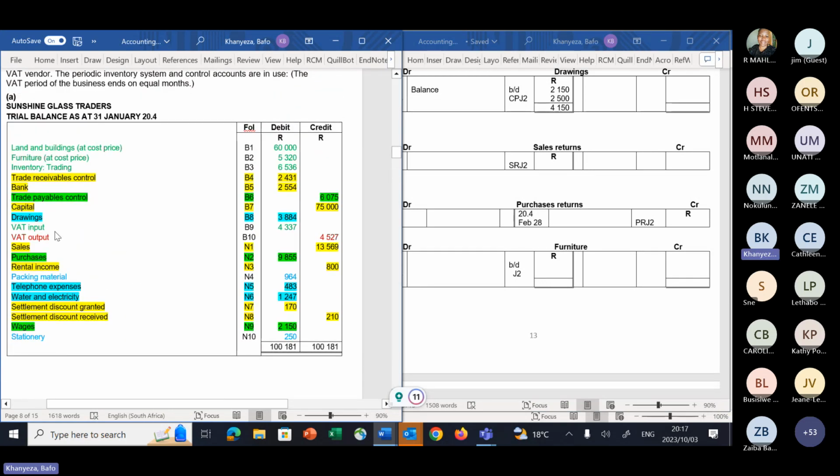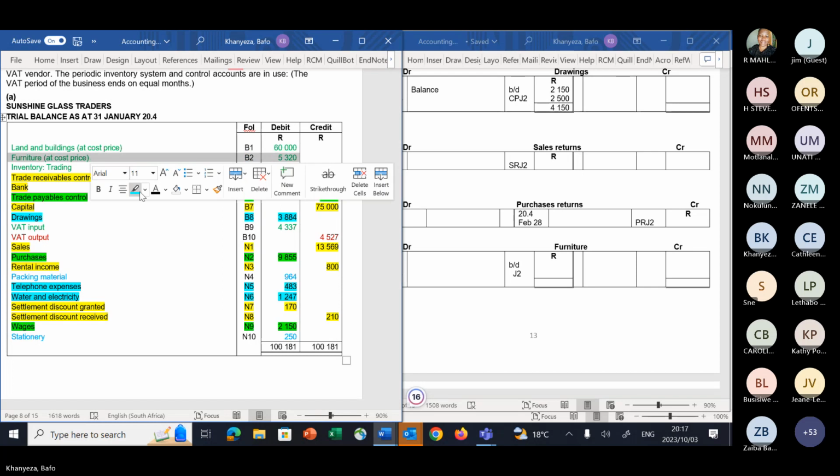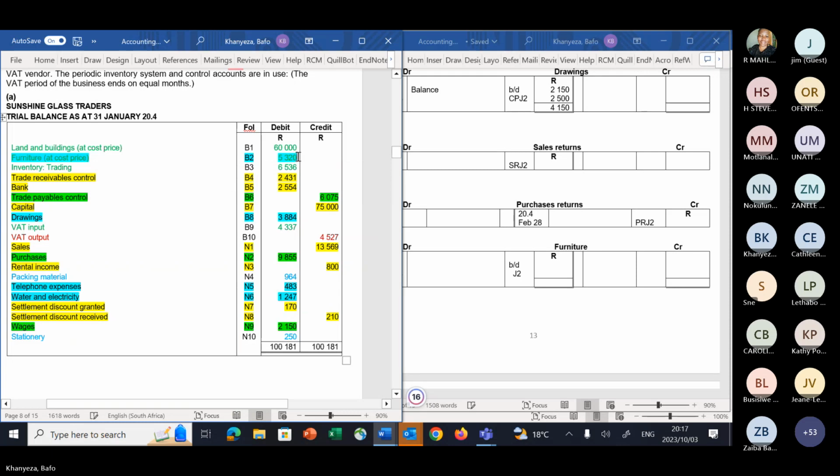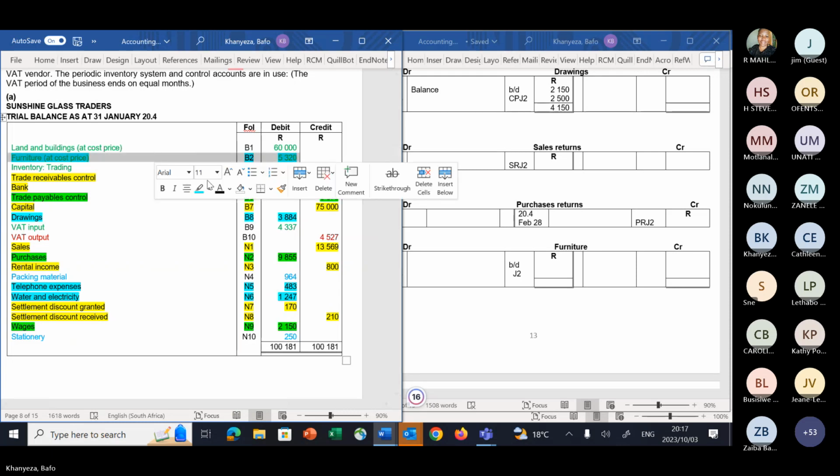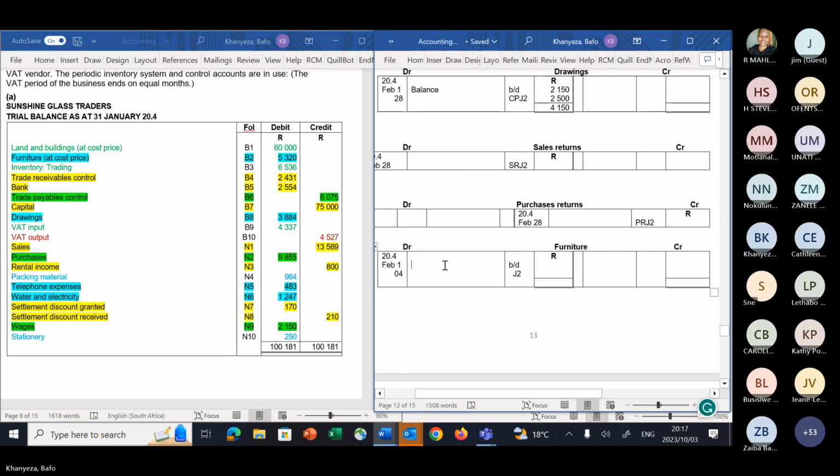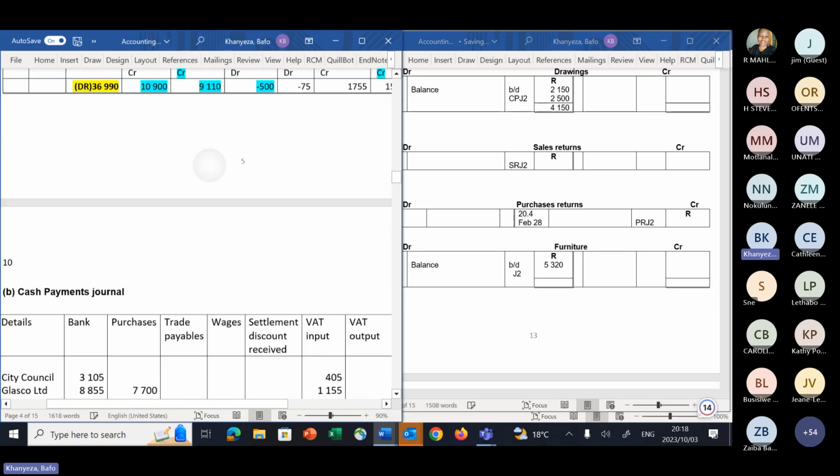Where is the balance for furniture? Here it is. Note down the balance for furniture, which is 5320. 5320.